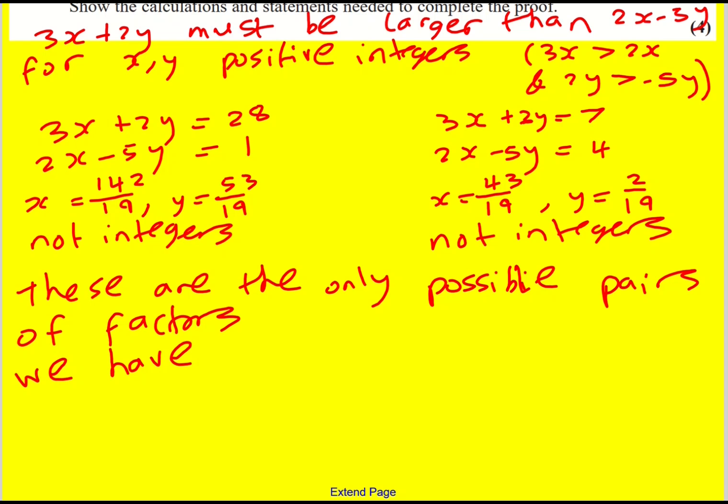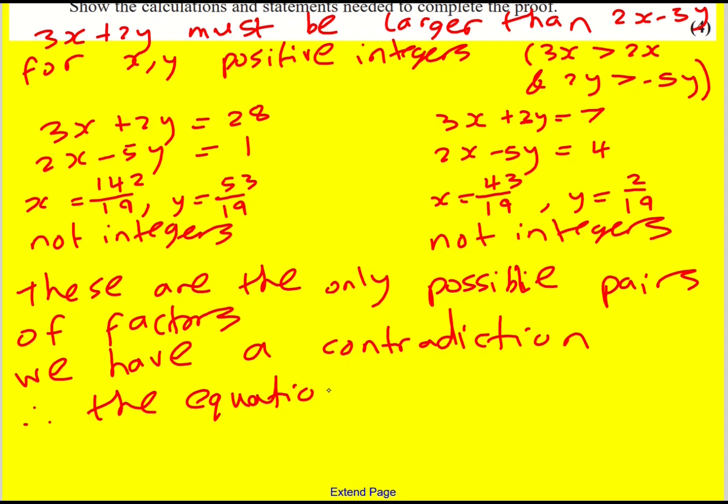We made the solution process using that, and we didn't actually get integer solutions. Therefore, the equation has no integer solutions.